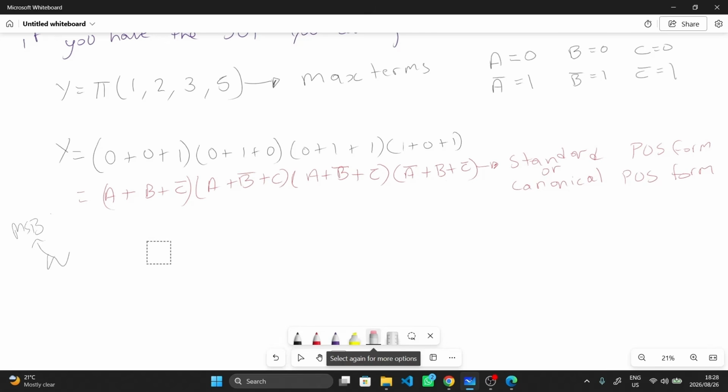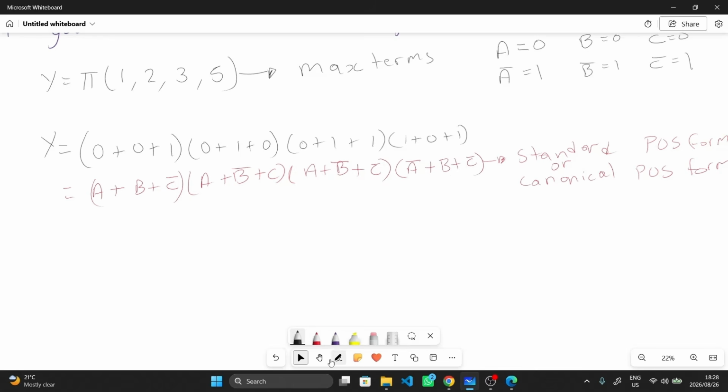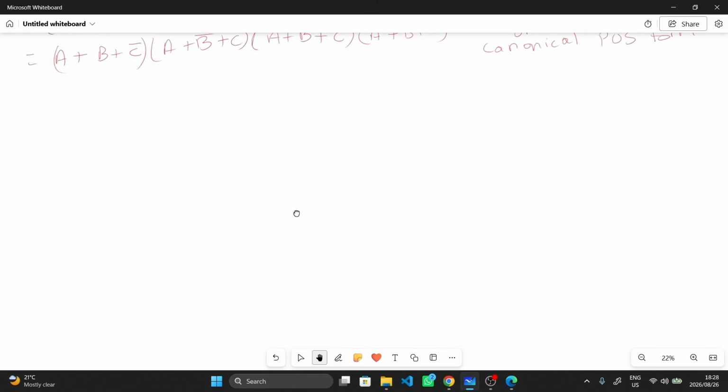And if we want to now express the truth table of this Boolean equation, we have both SOP and POS forms.